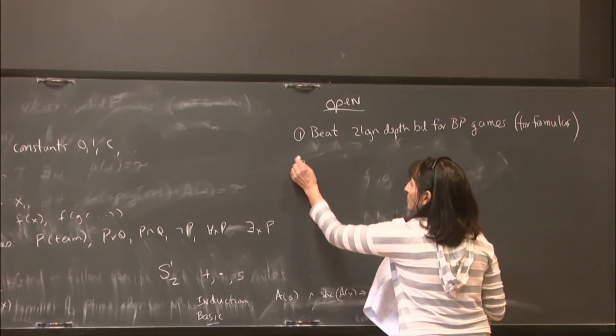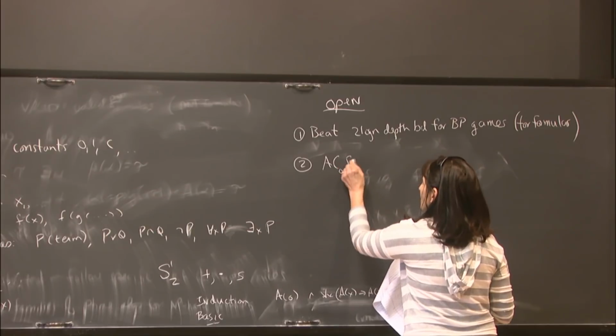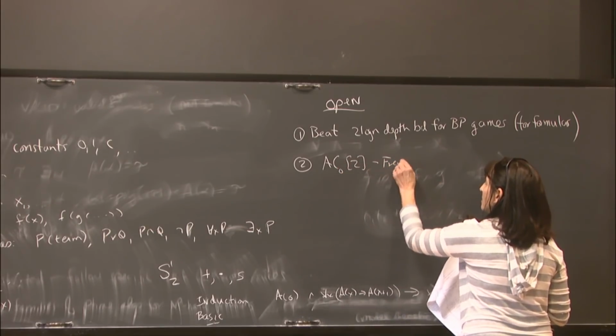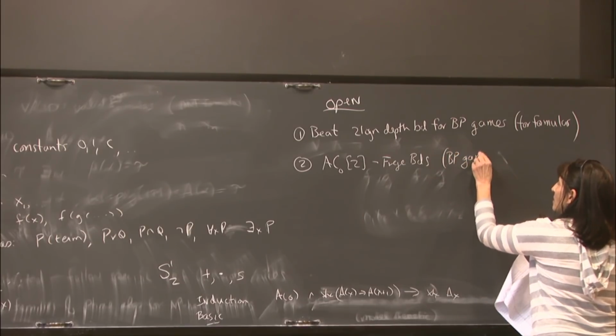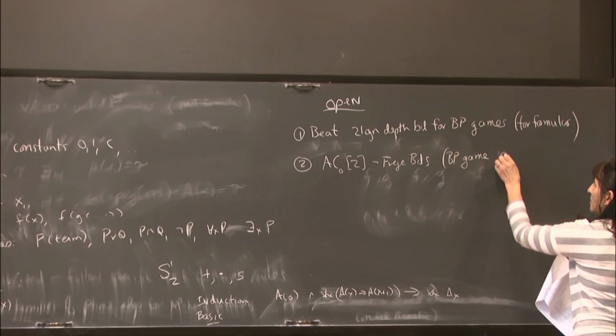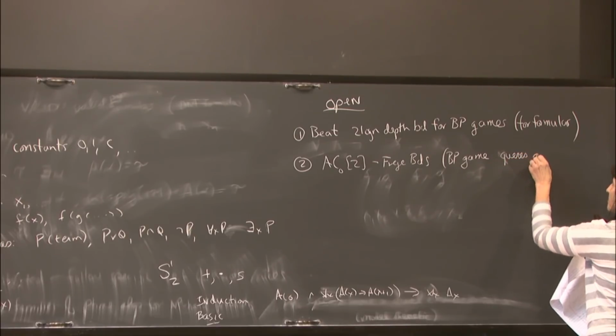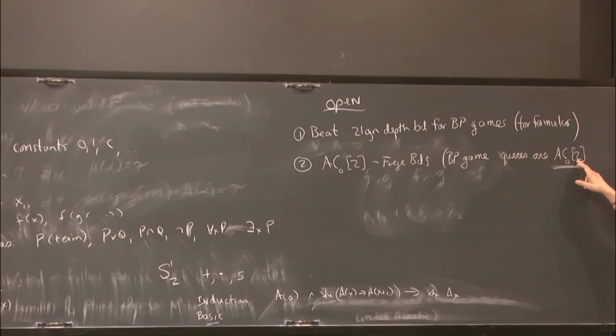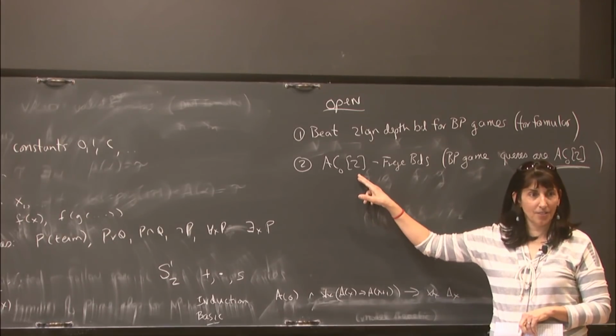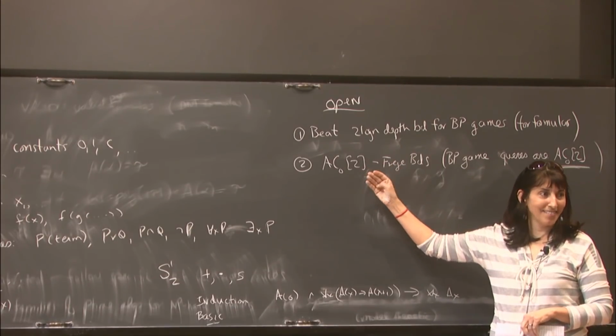So the biggest open problem is to prove AC0[2]-Frege bounds, and this is Buss-Pudlák-like games where the queries or the prosecutor are bounded depth formulas with mod 2 gates and or not mod 2 gates. This is particularly frustrating because we know how to prove very strong lower bounds for this circuit class since the 80s.